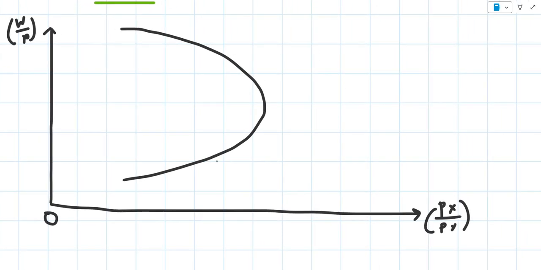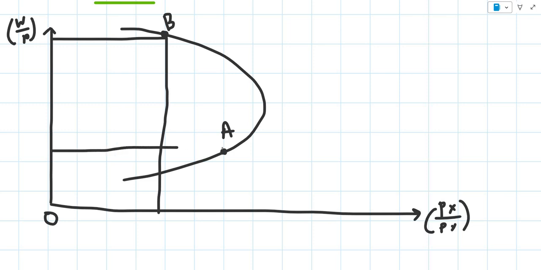Let me draw something like this, and let me plot the economy B. Let me draw the point here, and say this is where economy B lies, and let me draw a point A here, and this is where A lies. Let me plot that on the two axes as well. The lines are really crooked here.